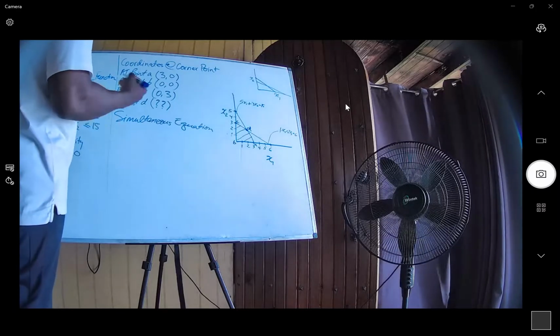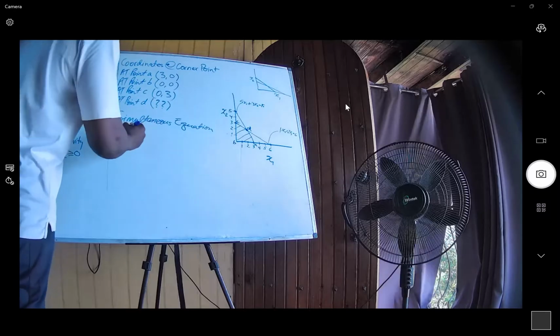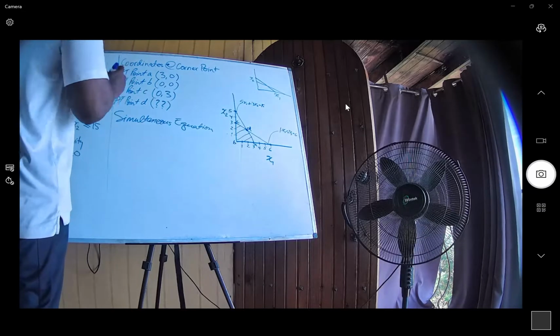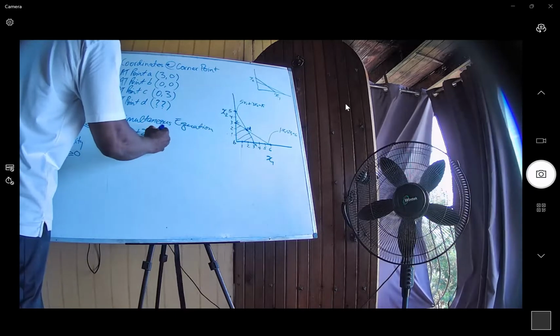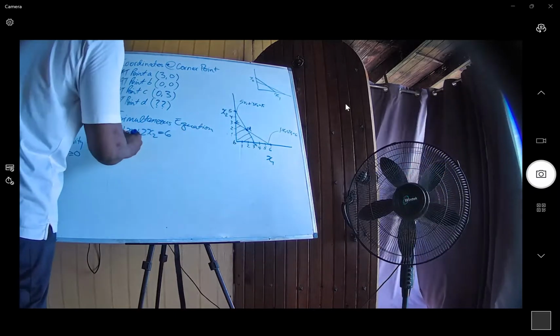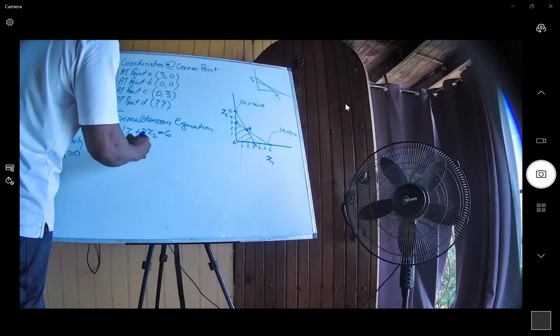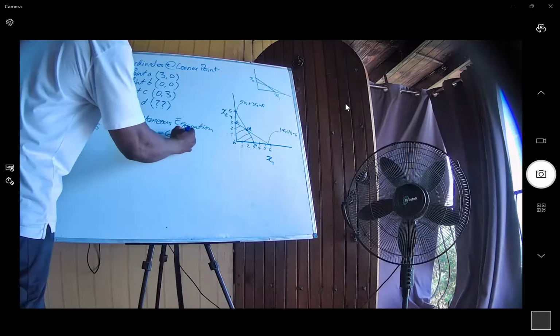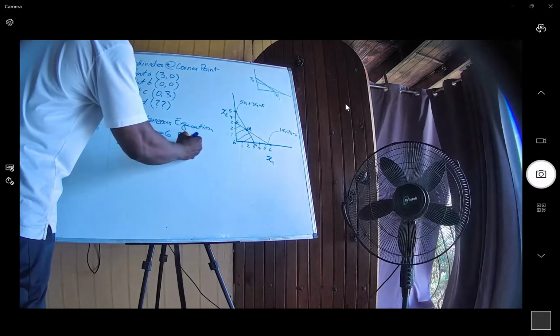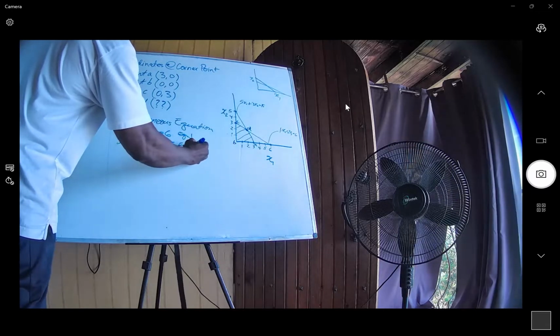The first equation we had was 1x1 plus 2x2 equals 6, and 5x1 plus 3x2 equals 15. We can call this equation 1 and equation 2, right?